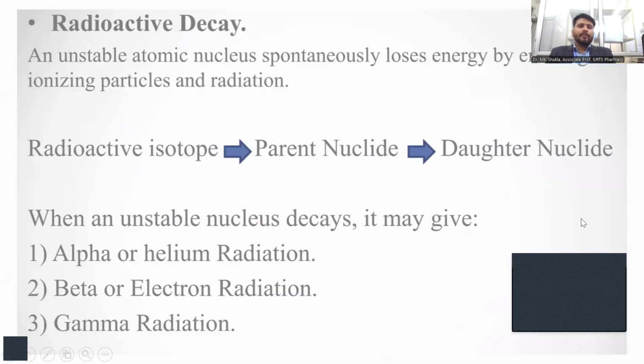And for radioactive isotopes, first of all we have to take the radioisotope, and when we bombard it with some type of rays, it converts into the parent nuclei and then the daughter nuclei. When an unstable nucleus decays, it may give three types of rays: first is alpha rays, also known as helium radiation; beta rays, also known as electron radiation; and gamma radiation.